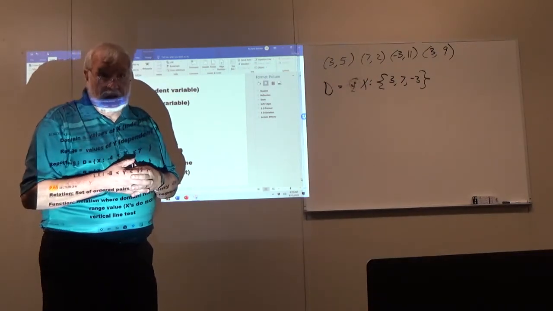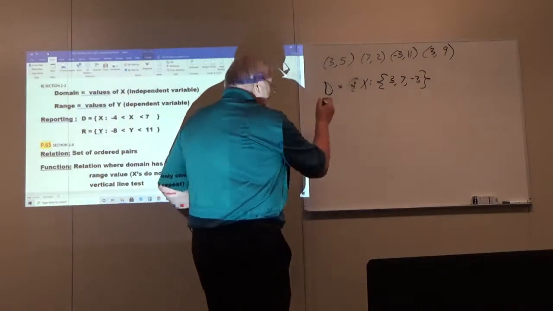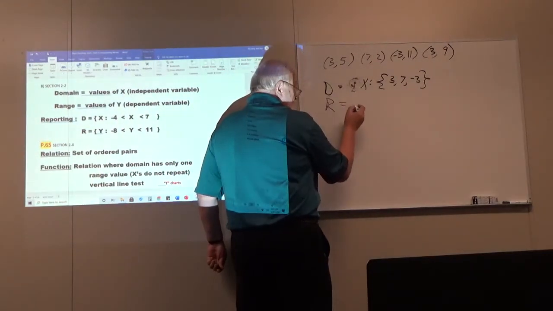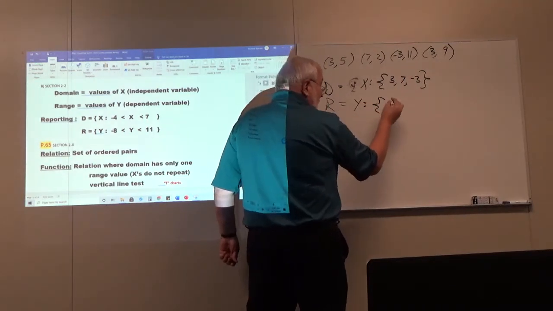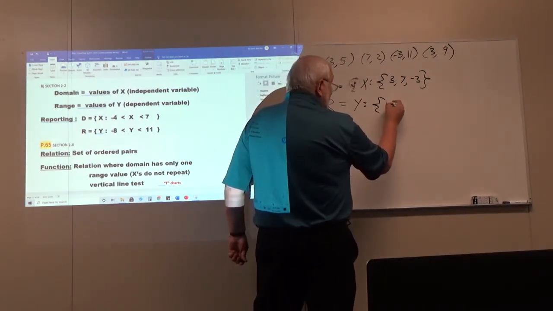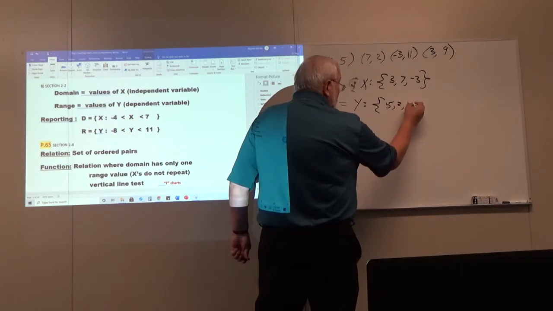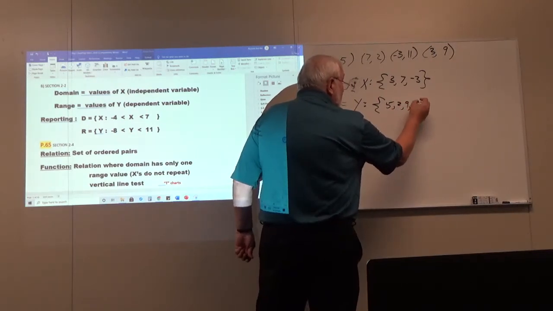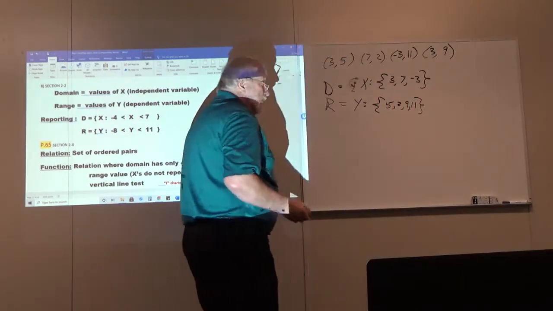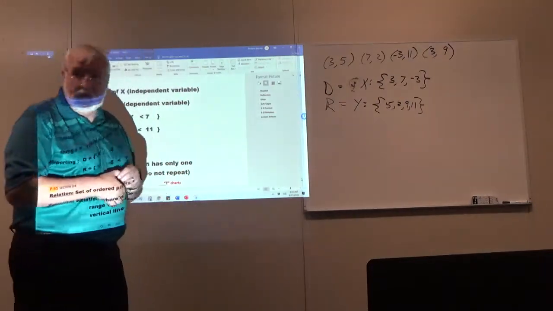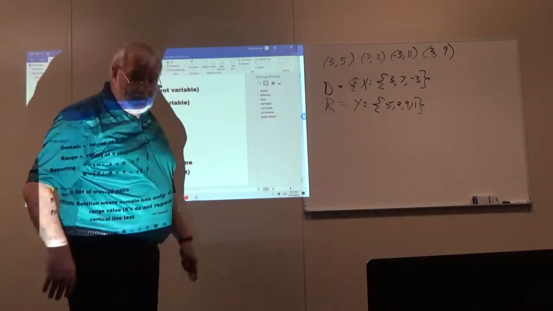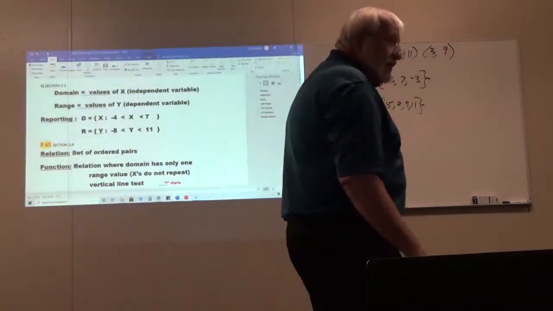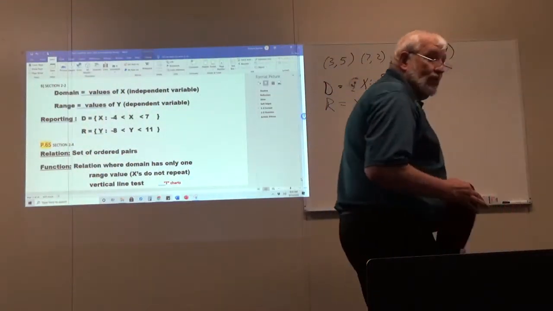You do the values of y. The range would be the values of y such that they are part of the set 5, 9, 11. Should put them in numerical order probably.